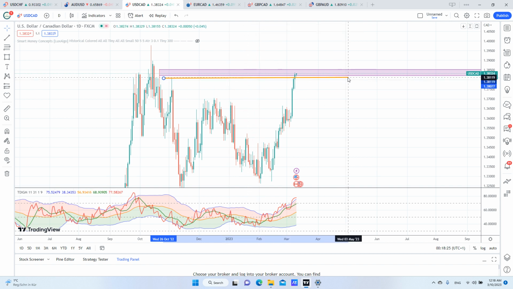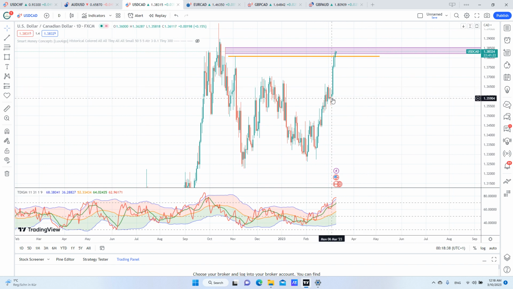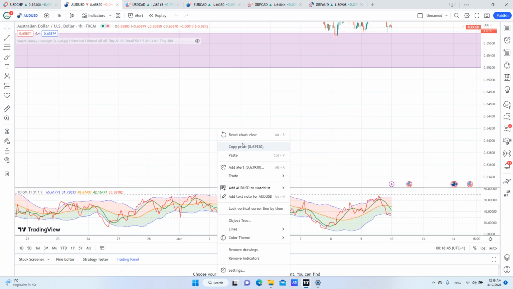So now it's a very good point to short it, but also be careful, because tomorrow is the NFP, so you better be careful with all USD pairs. The same with AUD USD.